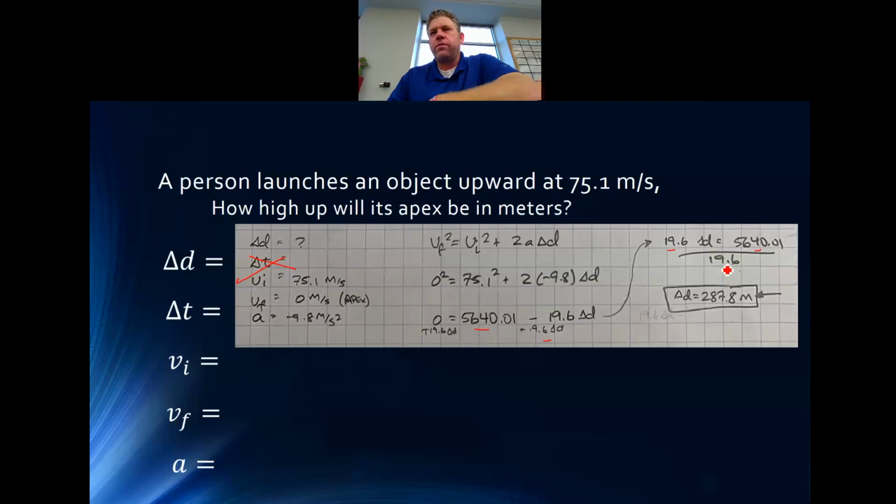I got 5601 divided by 19.6. This thing should, if I launch it at 75.1 meters per second, which is about 160 miles an hour, go up about 288 feet into the air, all right? Again, notice the difference here is that now we solve for delta D. We give you a little bit different variable to look at, all right?